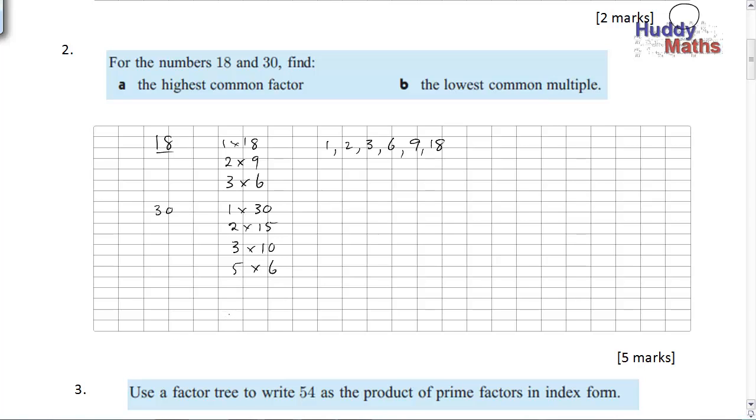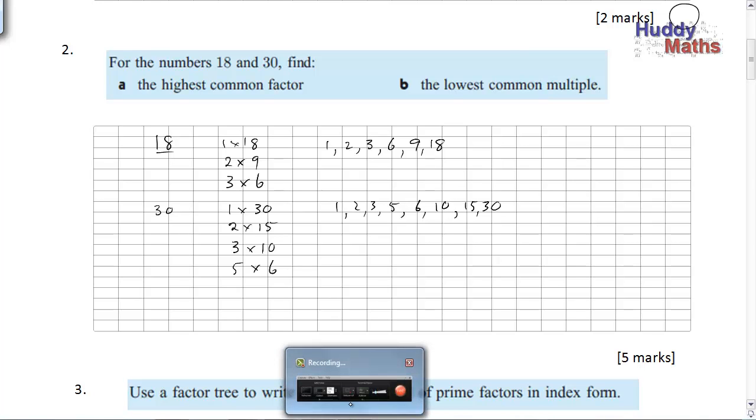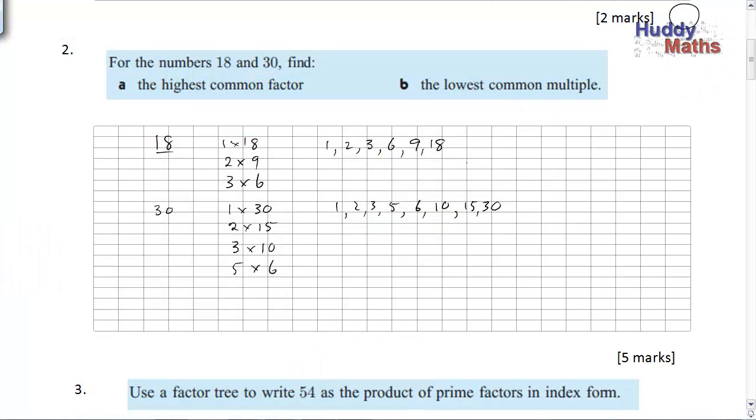So what have we got? 1, 2, 3, 5, 6, 10, 15, and 30. So the highest common factor is going to be what? Let's have a look here. 6, looking for the overlap. The best way of doing it is to break it down to primes and actually construct what the highest common factor is. But we'll do it this way, because the next question is about primes.